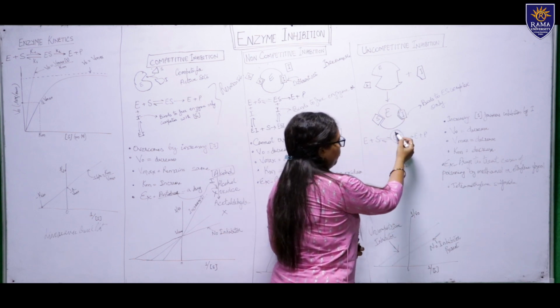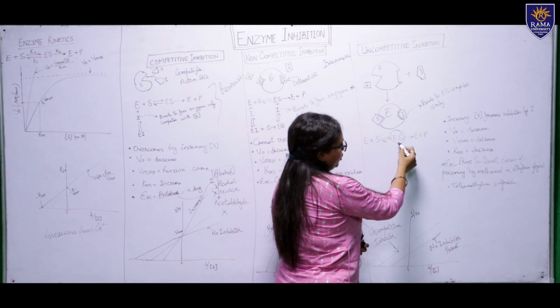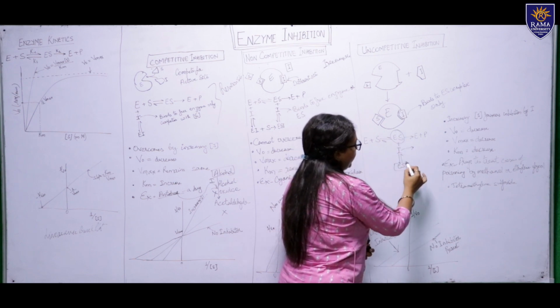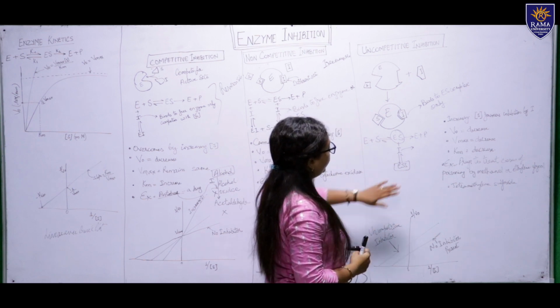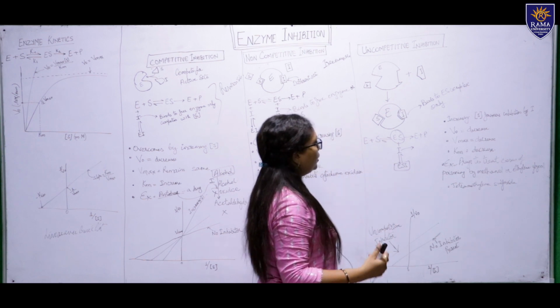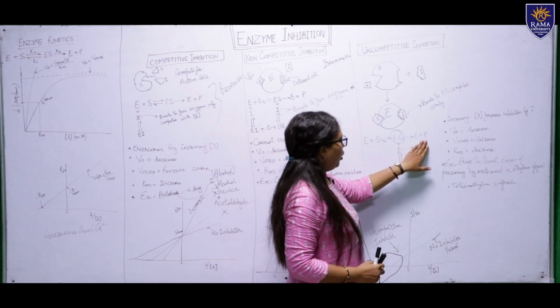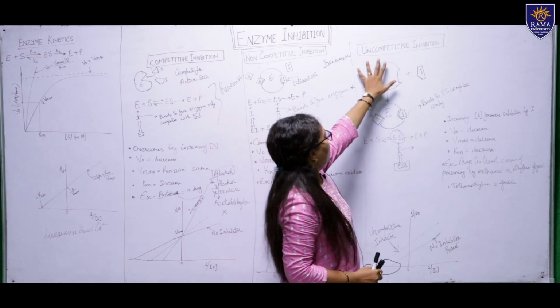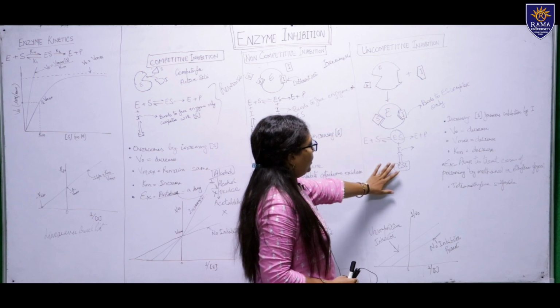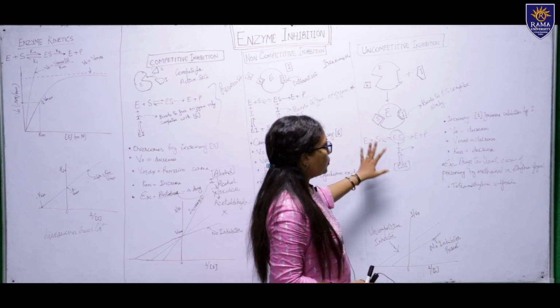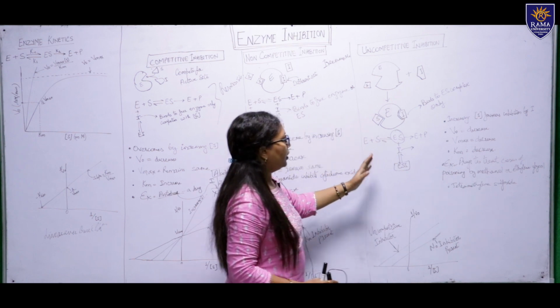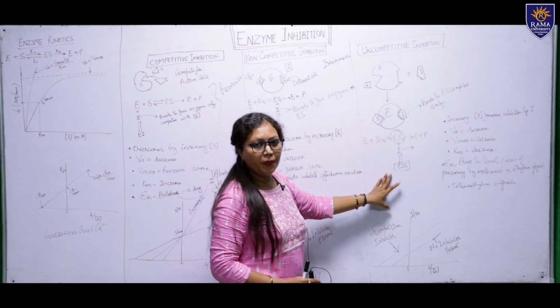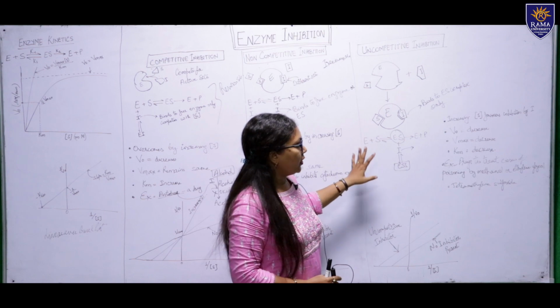If it binds to the enzyme substrate complex, an enzyme substrate inhibitor complex is formed, and due to the formation of this complex the product is not formed, and thus the uncompetitive inhibitor acts. Here is a question: can this inhibition be overcome if we increase the substrate concentration?